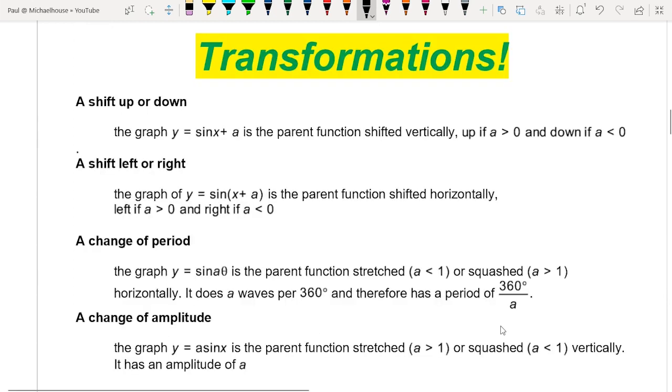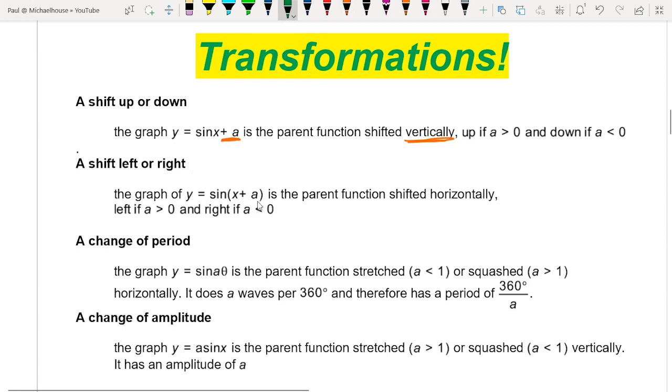Next up, we're going to talk about the ways in which these graphs can be transformed, in exactly the same way as we deal with graphs and functions in paper 1. If we add or subtract a number at the back, the function will shift vertically. It will go up if we add a number, and it will go down if we subtract a number.